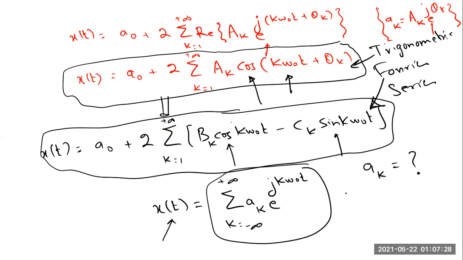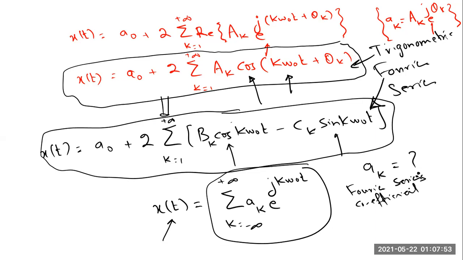Now, we can assign a name to this particular variable in our expression. So this ak is known as the Fourier series coefficient.